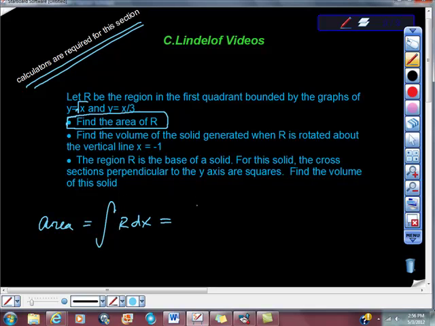And that is equal to the definite integral from 0 to 9. We found those intersection points, 0 to 9. And hopefully you noticed that on the interval we're looking at, this function was over the other one.